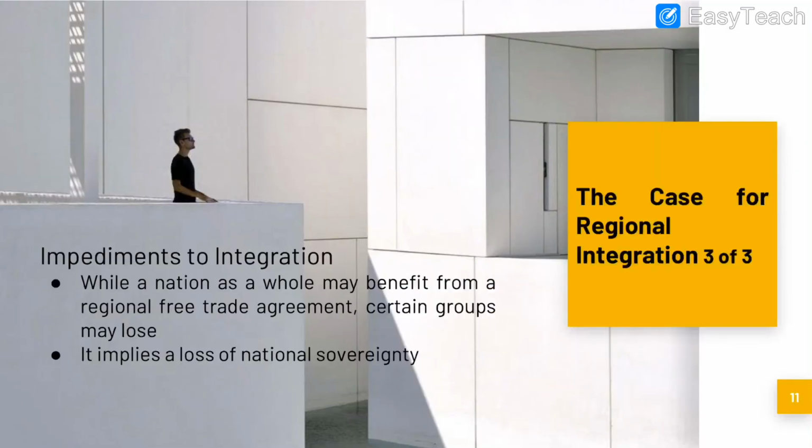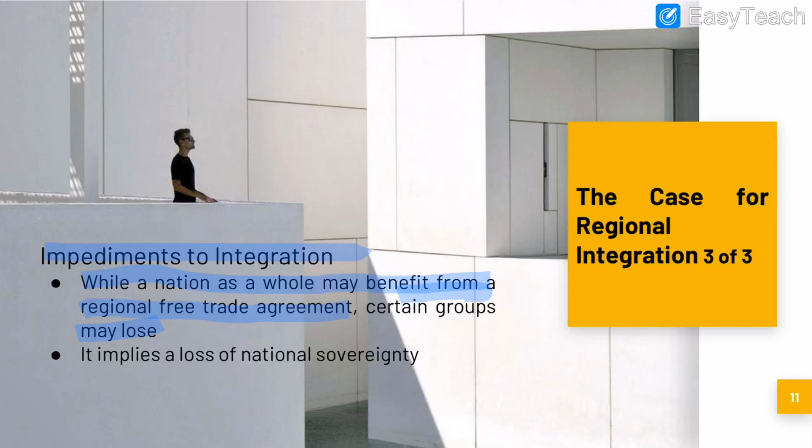Next, we move to the impediments to integration. So what actually are impediments? Impediments are the barriers or obstacles. What are the barriers and obstacles to integration? While a nation as a whole may benefit from the regional trade agreement, certain groups may lose out, not profit.